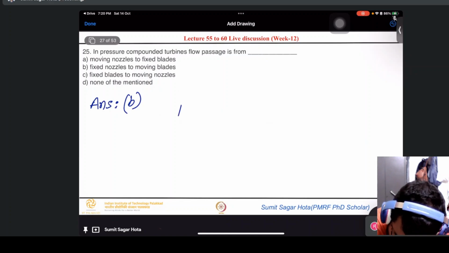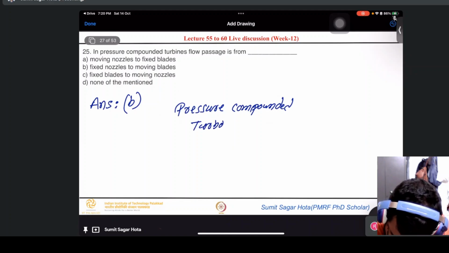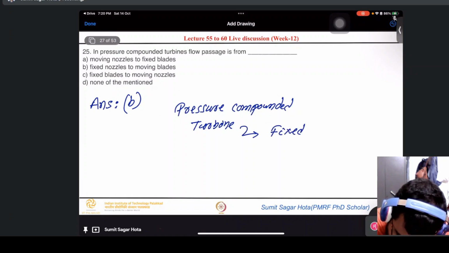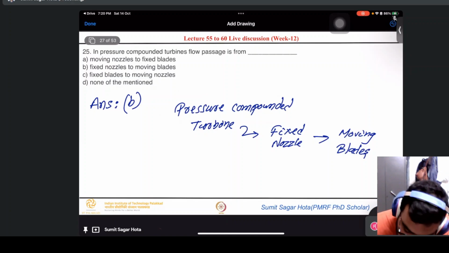So pressure compounded turbine: fixed nozzle to moving blades.